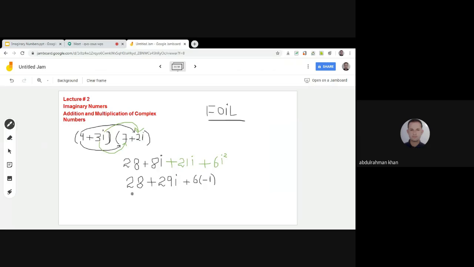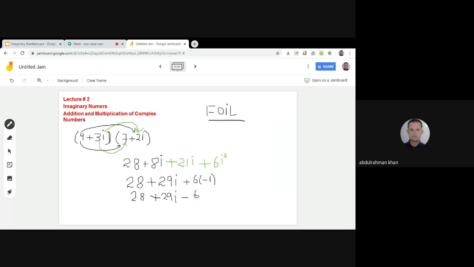So 28, this one will become minus 6. Okay, I will do 2 steps for your understanding. 29i as it is. 6 multiplied by minus 1, the answer is minus 6.